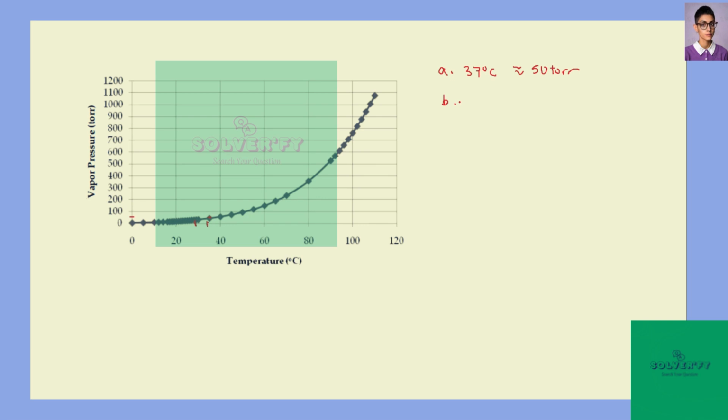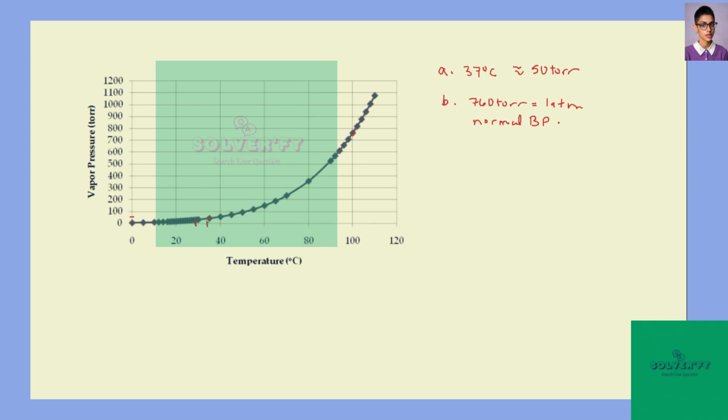For part B, it says, explain the significance of the data point at 760 torr, 100 degrees Celsius. So 760 torr, that's the same as 1 atmosphere. And 1 atmosphere is considered normal pressure, and 100 degrees Celsius, that point right there at the 760 and the 100 degrees Celsius, that is your normal boiling point.